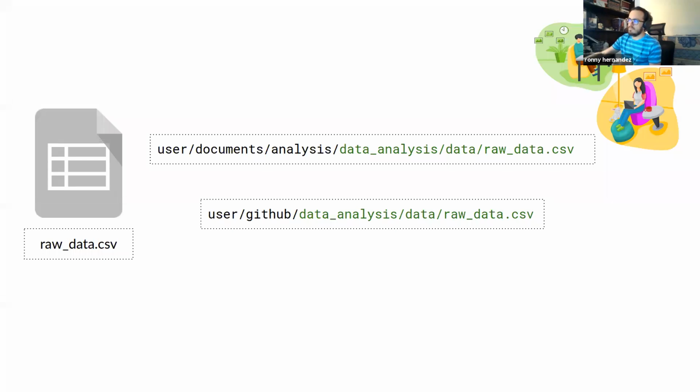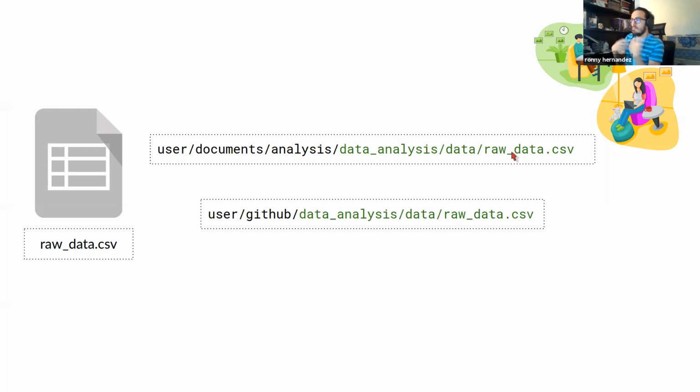We have the same directory, data analysis, then we can have the same folder in order to store the data, and we are going to call that data. And under that data folder, we are going to have our raw data file.